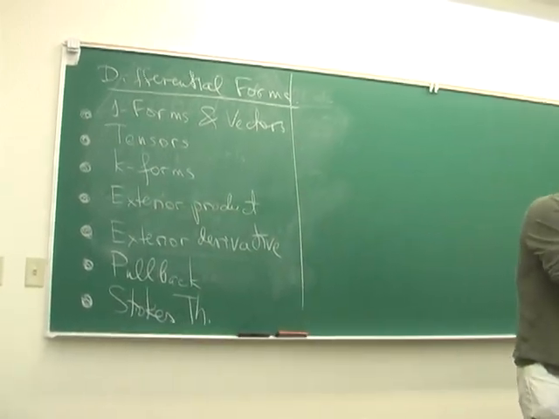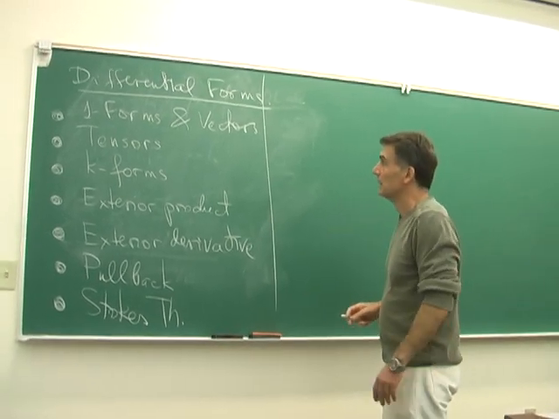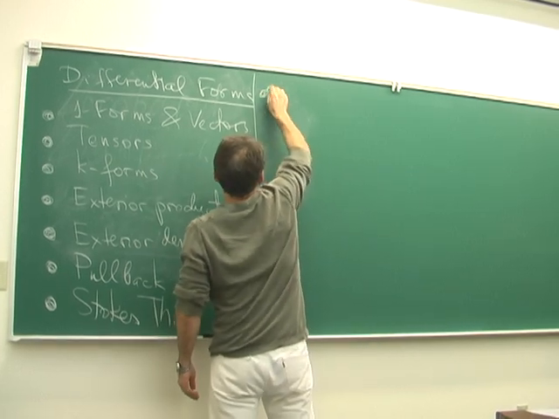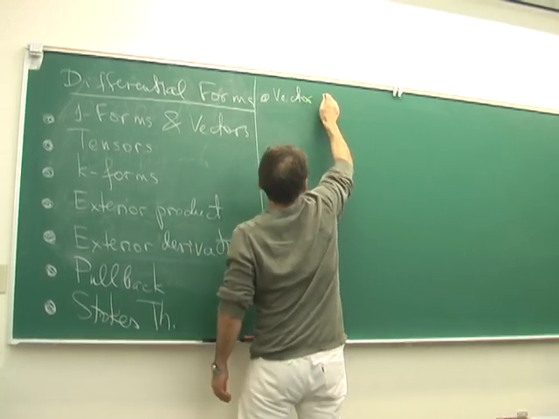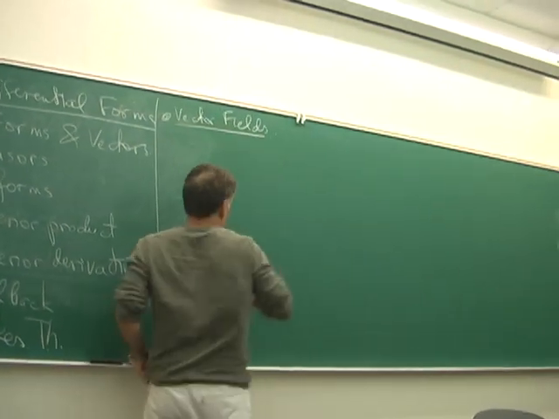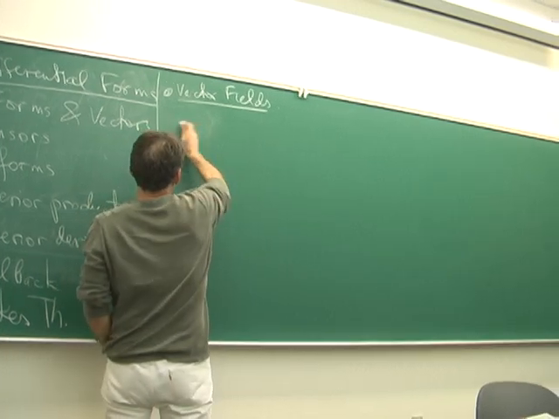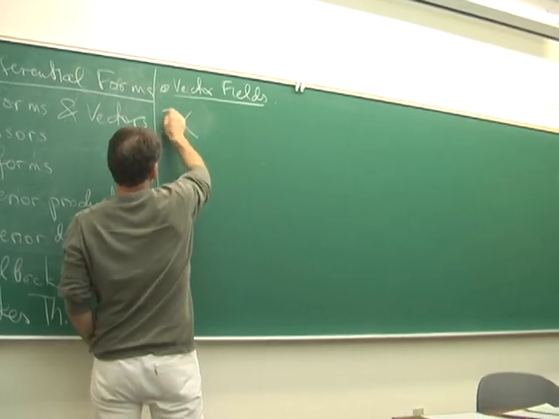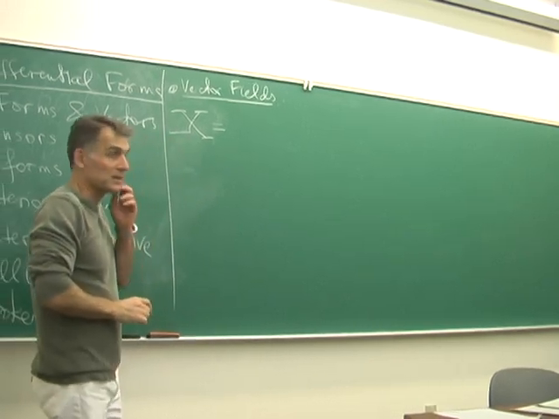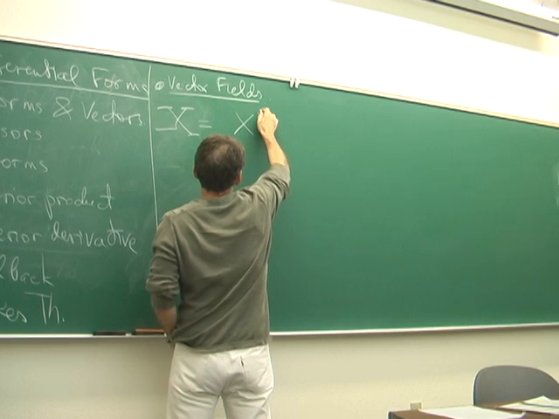Okay, so let's start from one forms and vector fields. A vector field is basically a first order partial differential operator. So it is something like this.